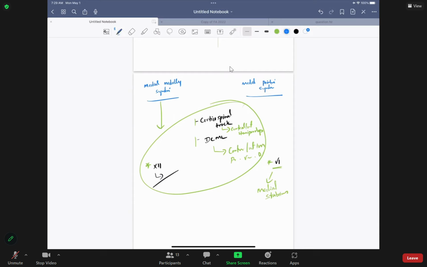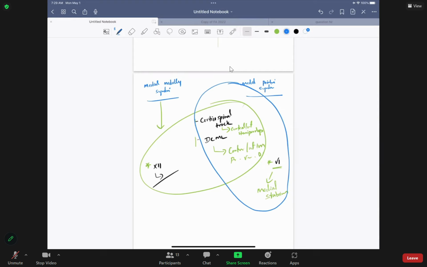Now, if a patient comes with these two tracts and medial strabismus, we call that medial pontine lesions. Is that clear, folks? So what is the differentiating feature? Cranial nerve. So you could ask me, when we do a question, can I just focus on the cranial nerve? No, because you could also get isolated cranial nerve lesions.